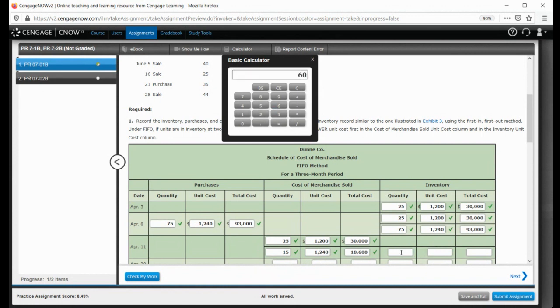What we have remaining in inventory is 60 units that cost us $1,240 each.